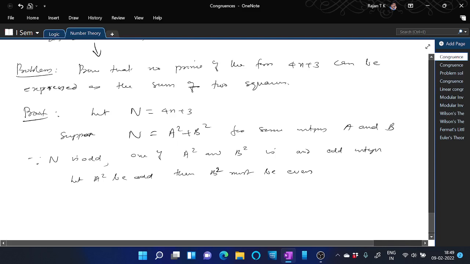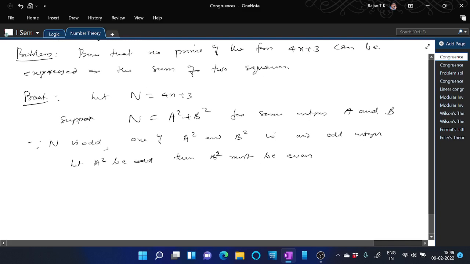So if a square is odd, b square must be even. A square odd means a is odd. B square even implies b is even, since only the square of an even number is even.